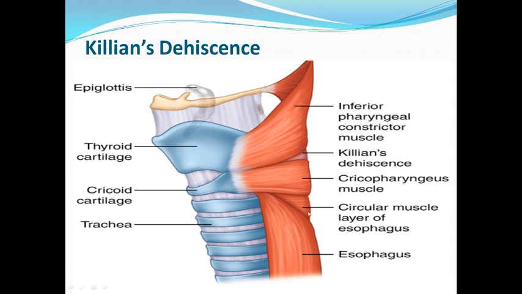In the posterior wall is the inferior pharyngeal constrictor muscle. The upper part of the inferior constrictor is known as the thyropharyngeus, and the lower part is known as the cricopharyngeus muscle.